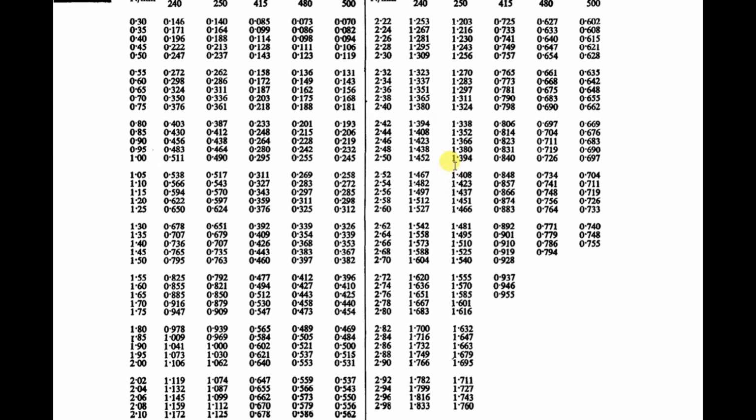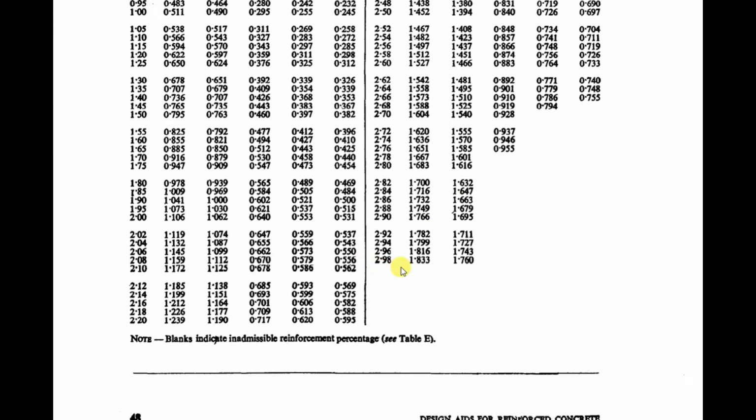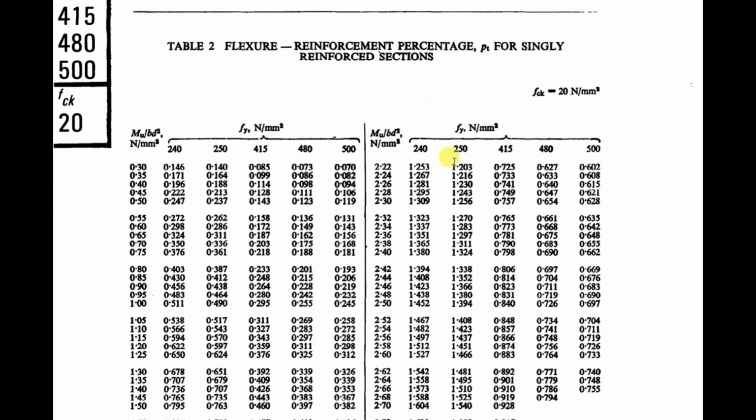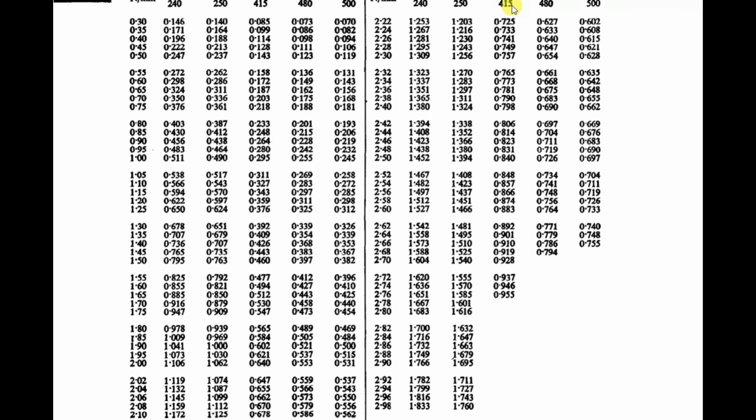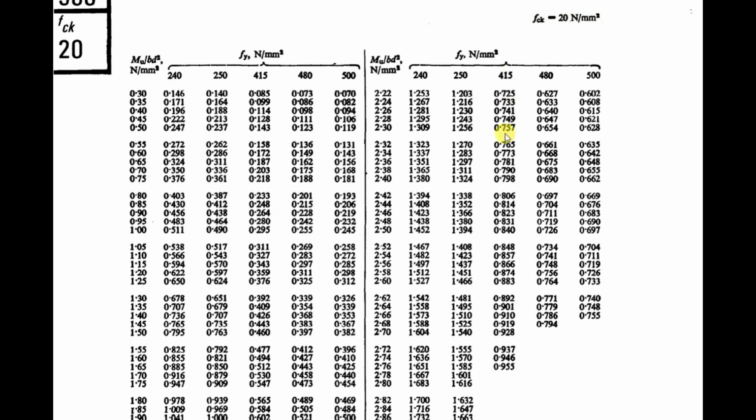Here let's see the limiting value, which is 2.98 for 250 grade steel. For 415 grade, the value 2.76 is the limiting value for Fe 415 grade steel. This is how you can come to know the limitation.